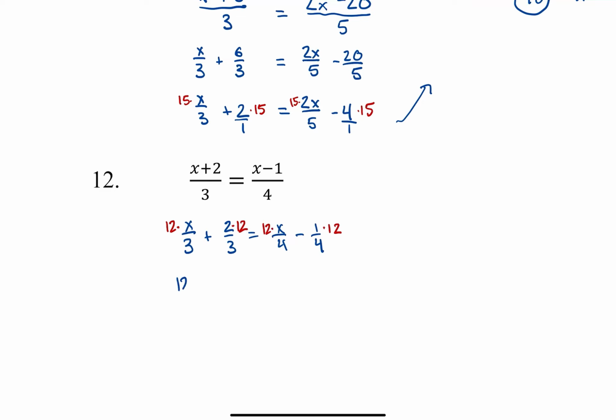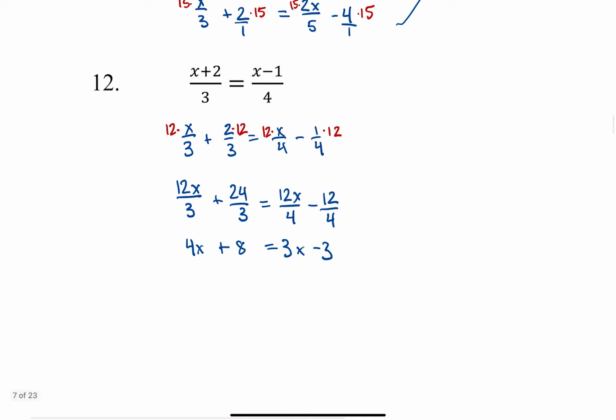So this gives me 12x divided by 3 plus 24 divided by 3 equal to 12x divided by 4 minus 12 divided by 4. Simplifying each fraction, this is going to be 4x plus 8 is equal to 3x minus 3.